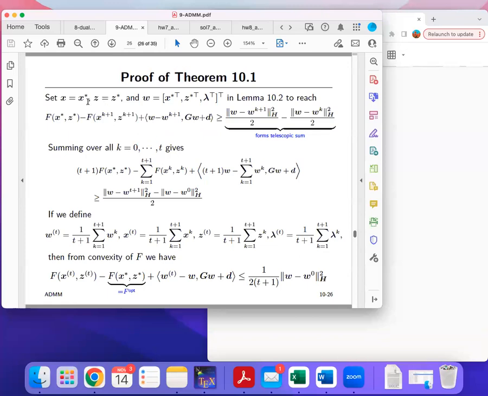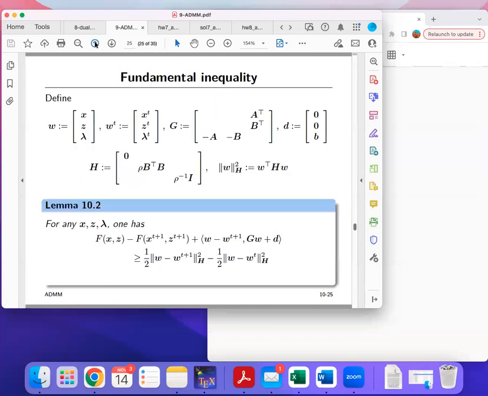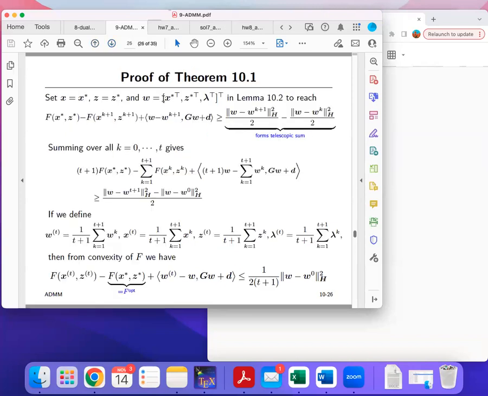what we do is we will set x, z, and omega. So set x, z to be the corresponding optimal optimizer, x star, z star, in Lemma 10.2. Basically, we can choose x to be x star, z to be z star, and then omega will become x star, z star, lambda.